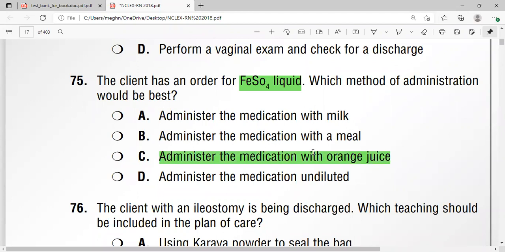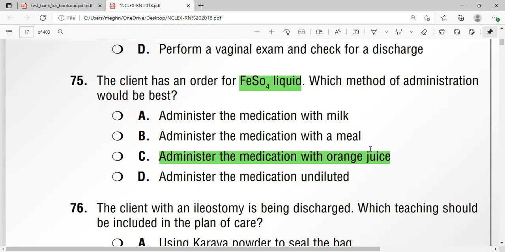So ferrous sulfate or iron should be given with ascorbic acid. Ascorbic acid means vitamin C, and we get vitamin C in orange juice. Because ascorbic acid, vitamin C, or orange juice helps with absorption of iron.